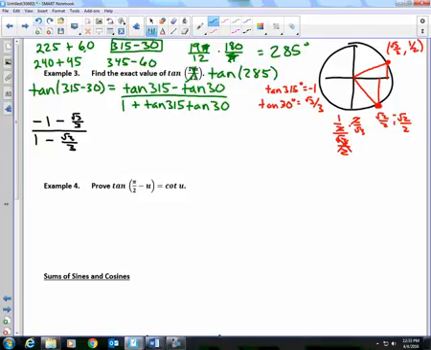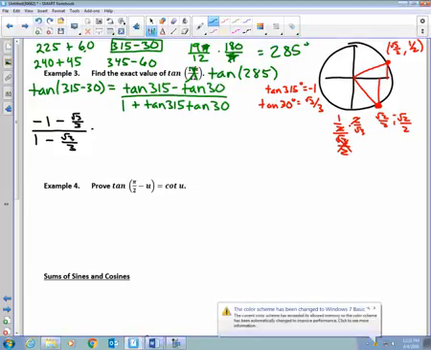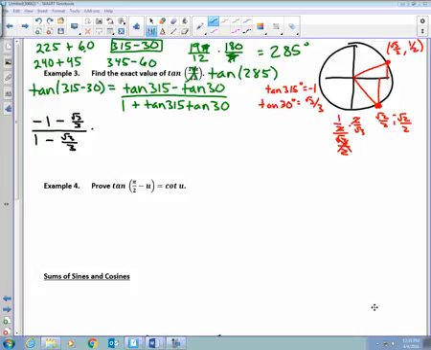How do we simplify a complex fraction? We find one fraction in the numerator, one fraction in the denominator, and we multiply by the reciprocal. So what's the common denominator? 3 for both the top and the bottom, correct? So I will end up with negative 3 minus the root of 3 over 3, lots of 3's in this problem, divided by 3 minus the root of 3 all over 3.